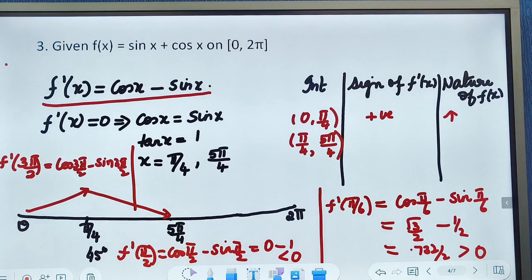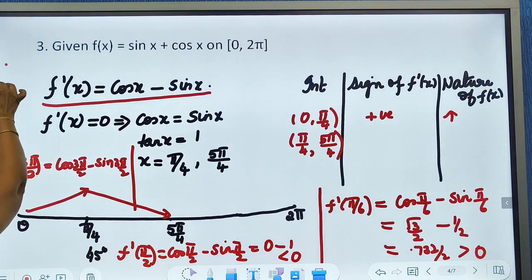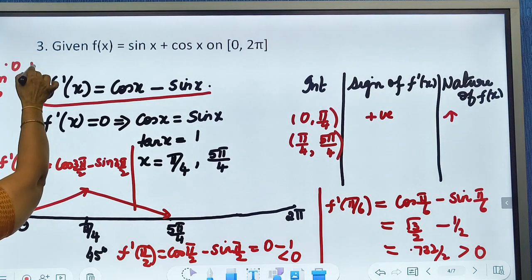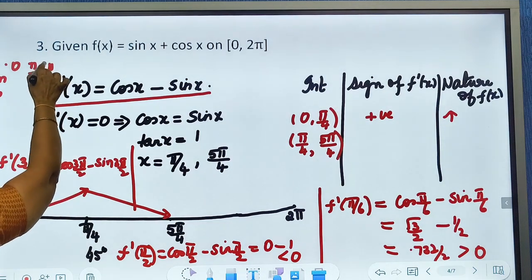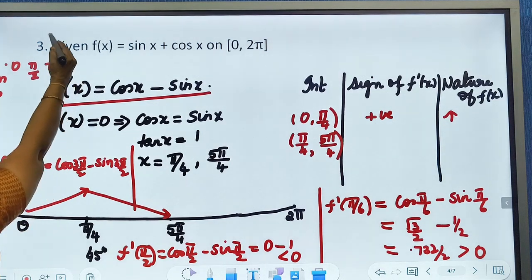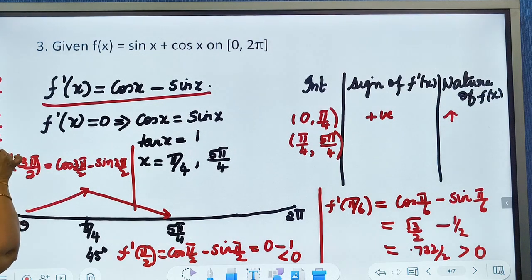What is cos 3 pi by 2? For those who cannot remember, I'm just teaching you how to remember.